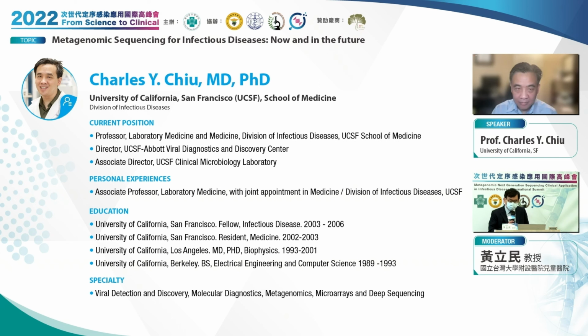And he is the director of the UCSF Abbott Viral Diagnostic and Discovery Center, also associate director of the UCSF Clinical Microbiology Laboratory. So from his experience, he's very qualified in this field of using the new diagnostic technique to identify potential pathogens. I heard his talk last year, which was very impressive. So now let's welcome Professor Chiu.